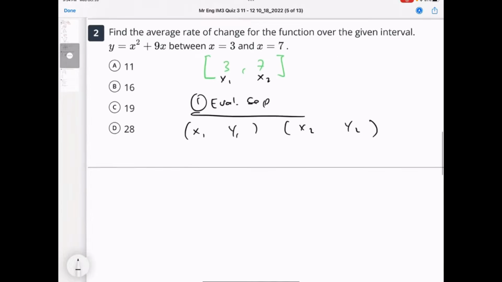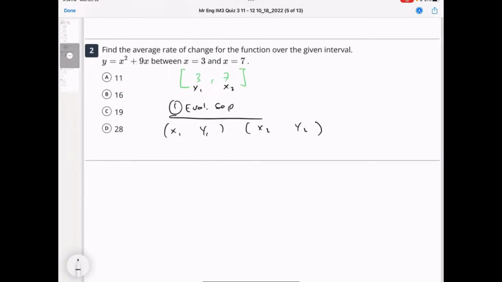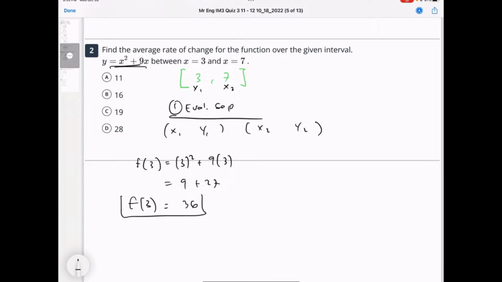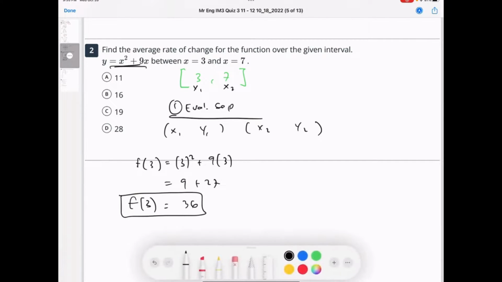You're basically just going to plug it into the function. So let's put in 3. This will give us 9 plus 27. So f of 3 equals 36. So that ordered pair is going to be 3, 36.